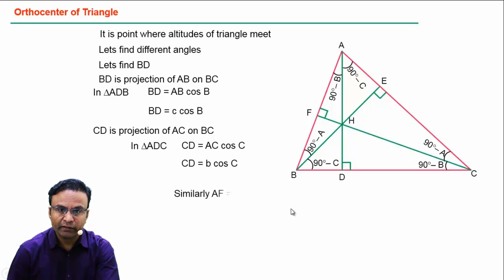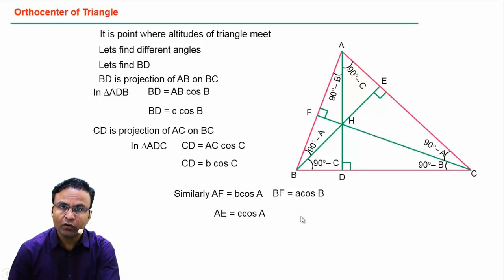We can find AF is equal to B cos A. Then we have BF, which is A cos B. Then we have AE, which is C cos A, and CE, which is equal to A cos C.